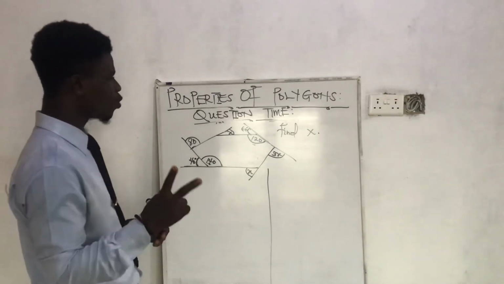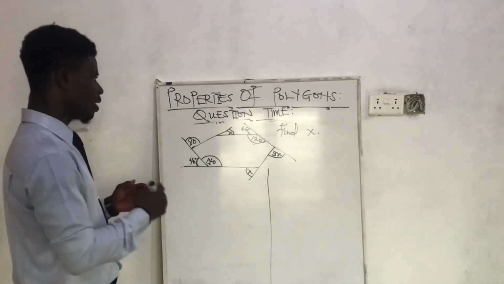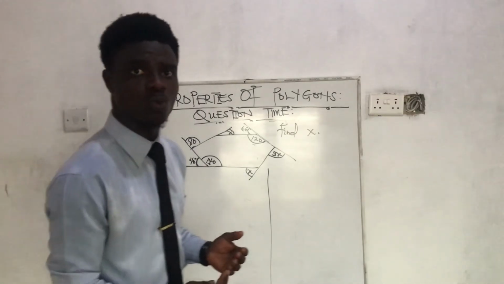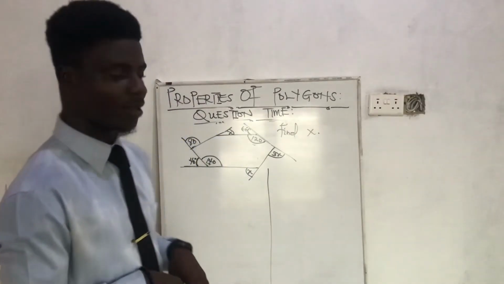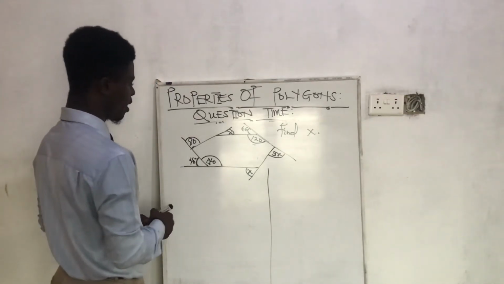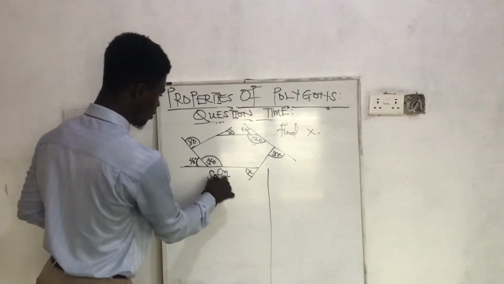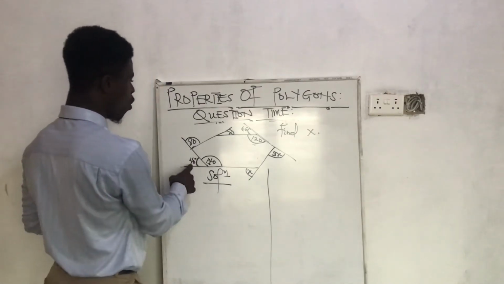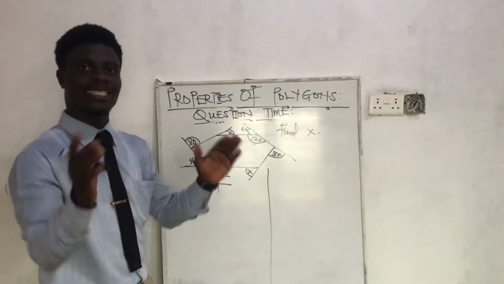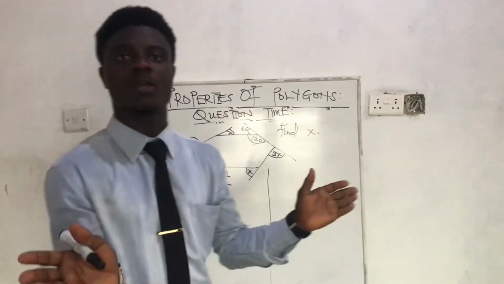This question can be solved in 2 ways. You can either choose the exterior angle, or you can choose the interior angle. So here, let's proceed. Solution. Now, I know all the angles outside. So now I can proceed. I know that the exterior angle of a polygon is what?